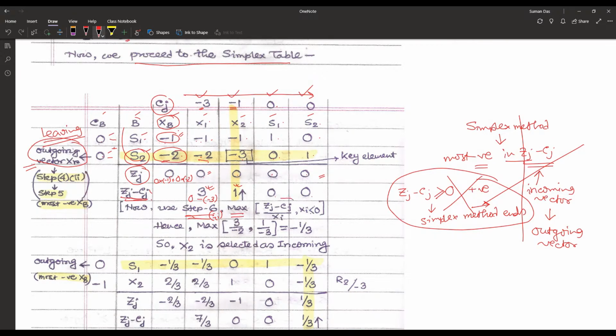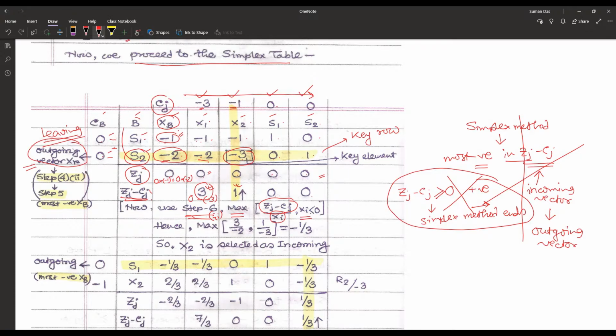Maximization of Zj minus Cj divided by Xi, where Xi is less than 0. Now what is this? That is our Zj minus Cj, and as that is our key row, we are dividing it by -3.